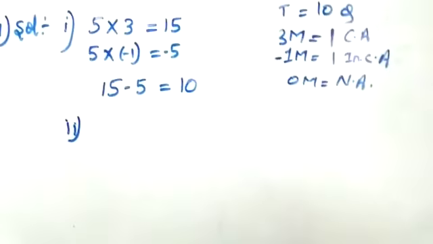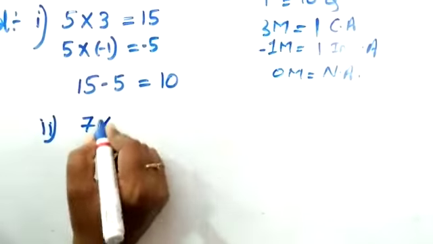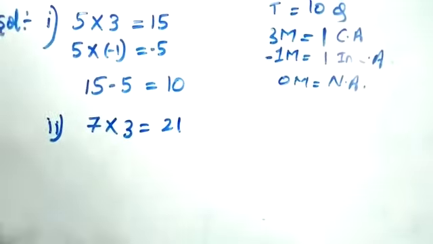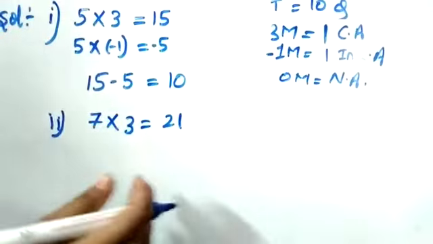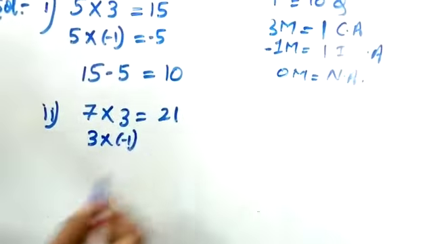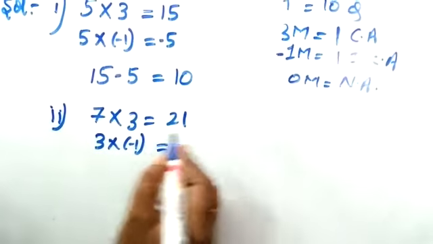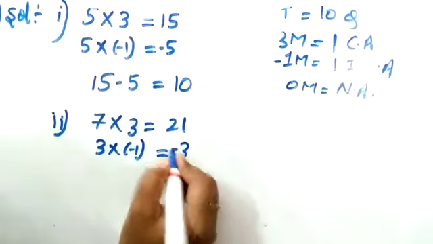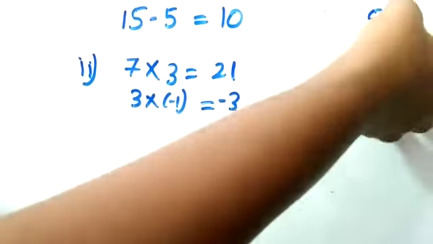Rashmika gets 7 correct answers and 3 incorrect answers. What is the score? 7 are correct. For 7 correct, how many marks are given? 3. 7 threes are 21 marks. Now next, 3 are incorrect. 3 incorrect means what will you get? 3 into minus 1. 3 ones are 3 and minus 3. 3 incorrect means how many marks are they giving?